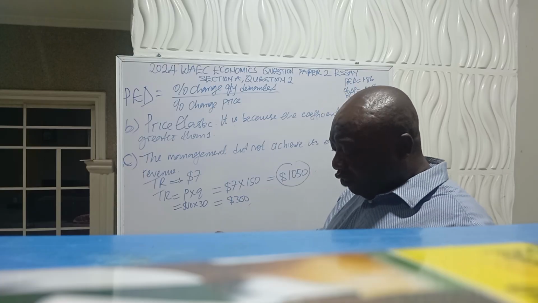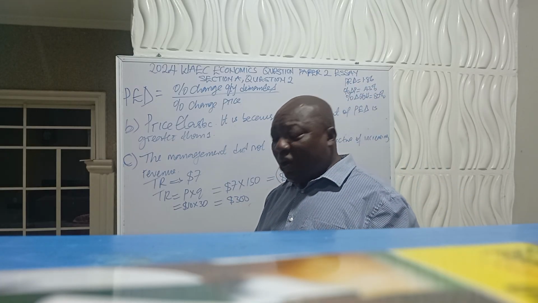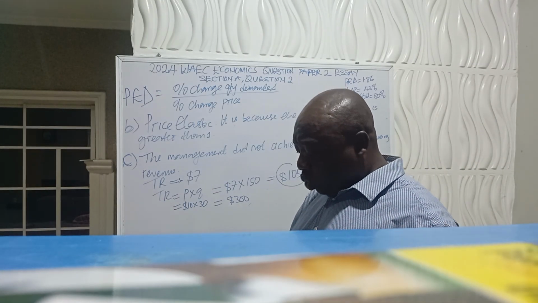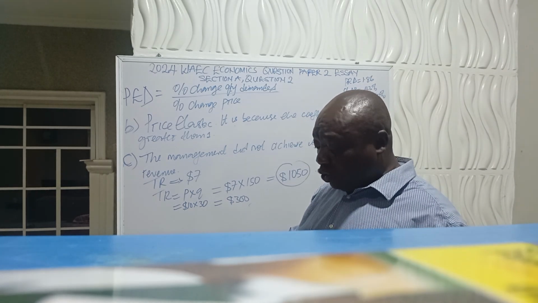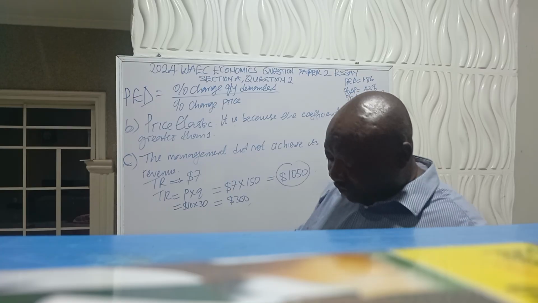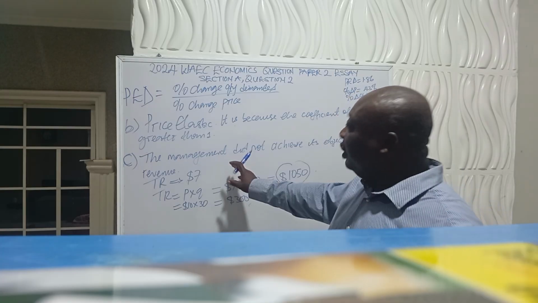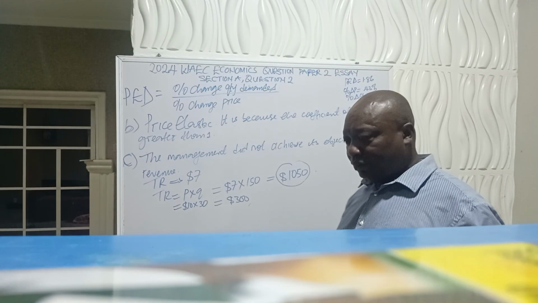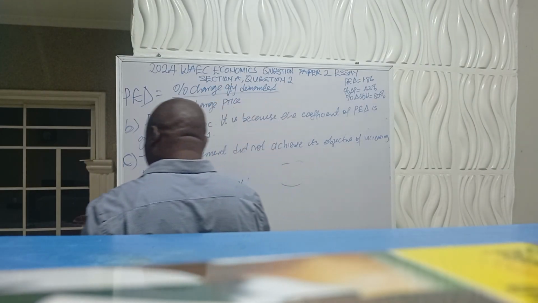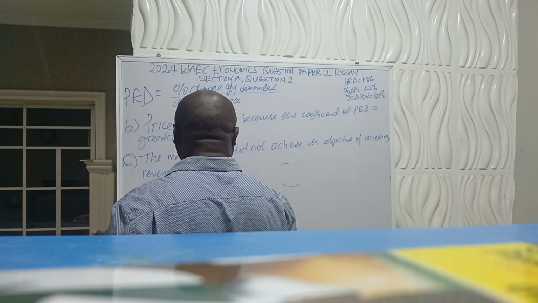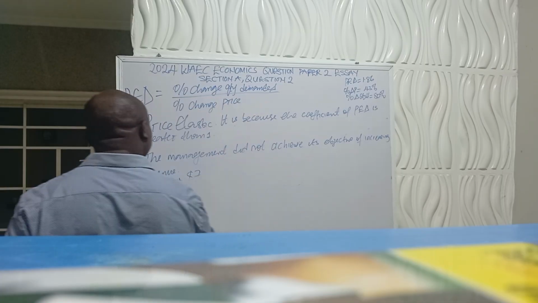Question D. From your answer in 2A, Roman figure 2, was the increase in the price of the fruit juice a rational strategy to employ in order to increase revenue? Even from this, you know it is not rational. But let me clean this so that we can look at the solution.